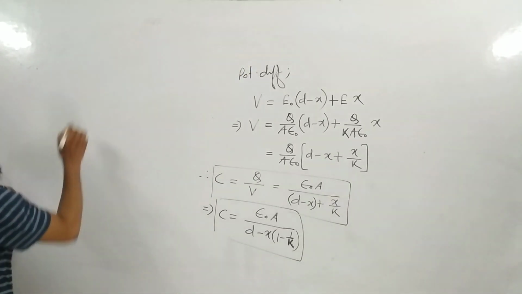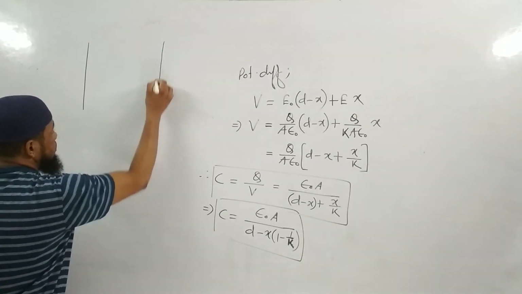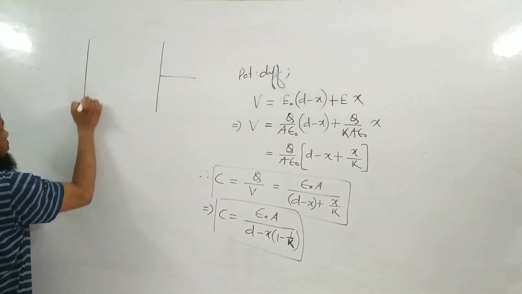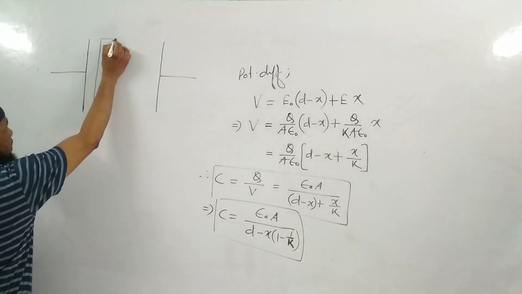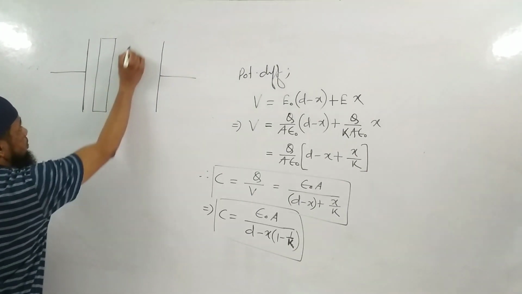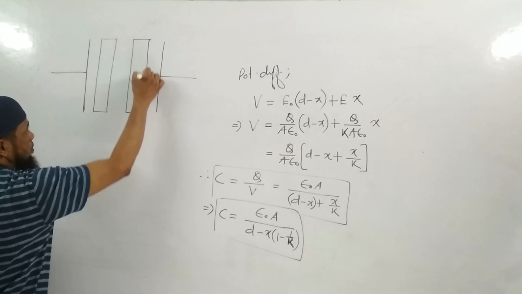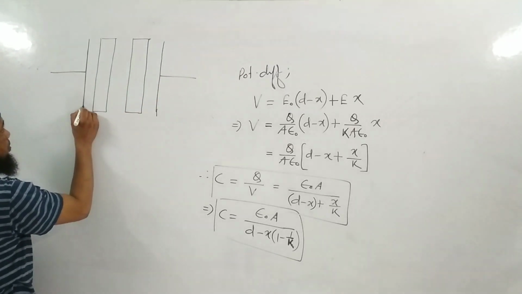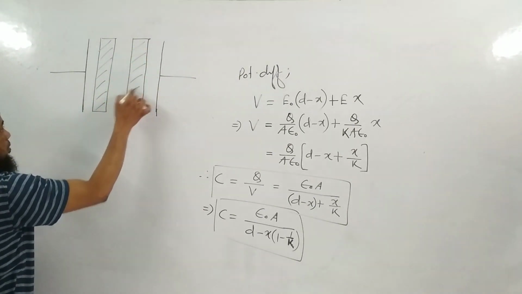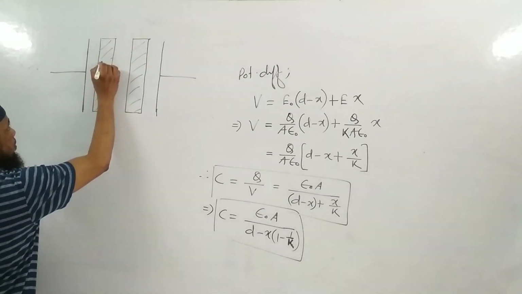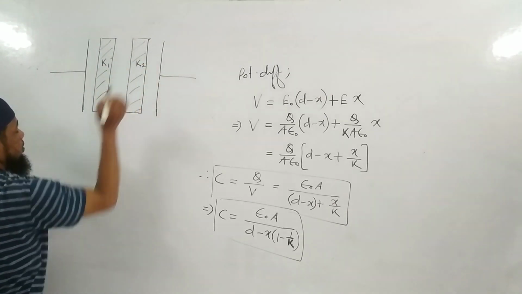Instead of one slab, now if you put multiple slabs, what will happen if we use more than one slab? Dielectric constants K1, K2.